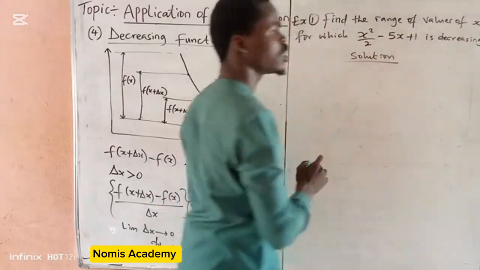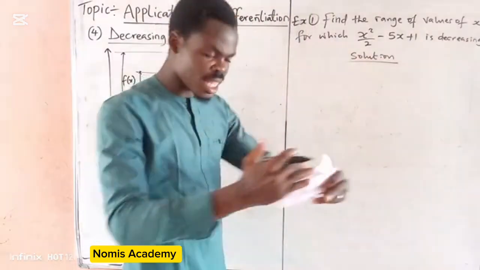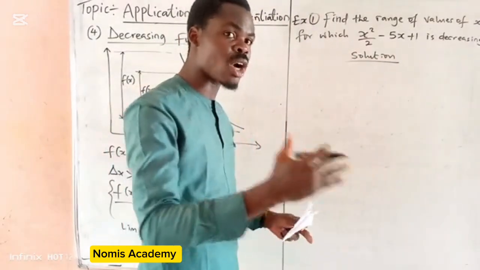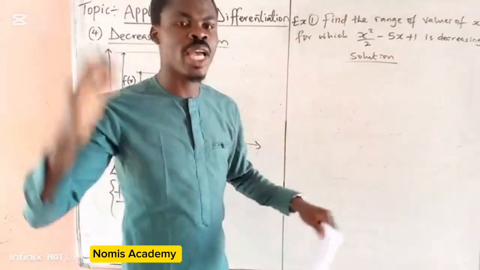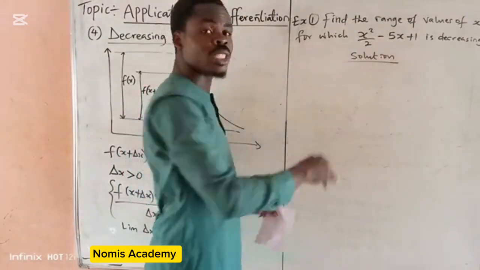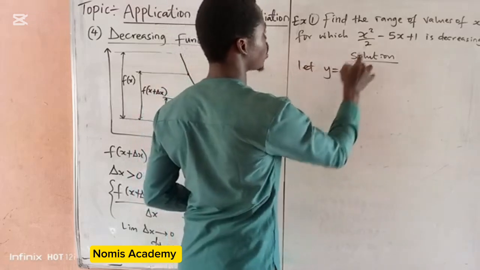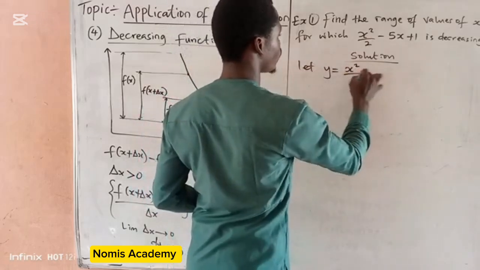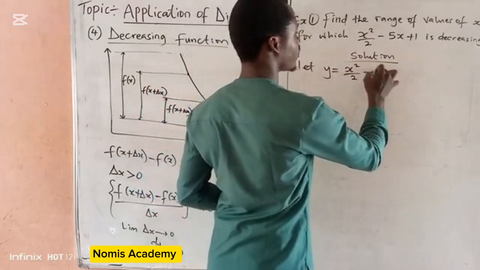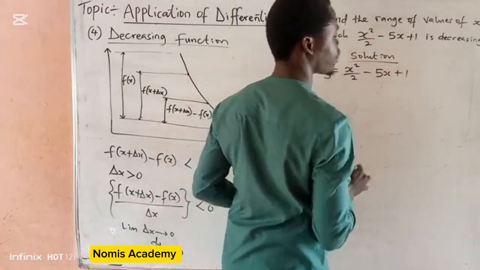In this question, we are asked to find that particular interval, or the range of values of x, for which the function is decreasing. Let y equal x squared over 2 minus 5x plus 1.